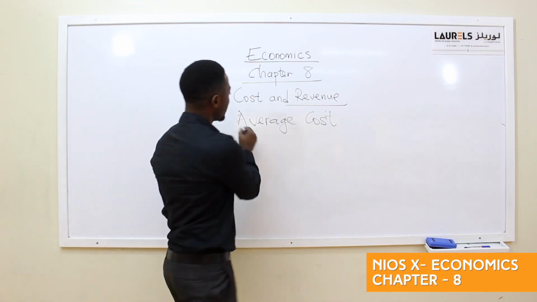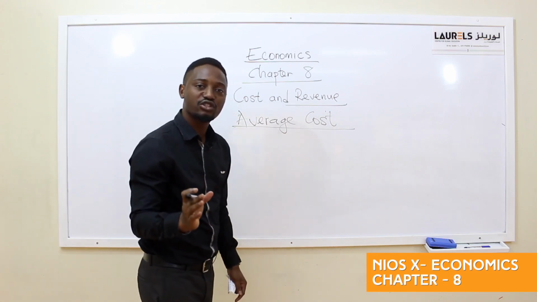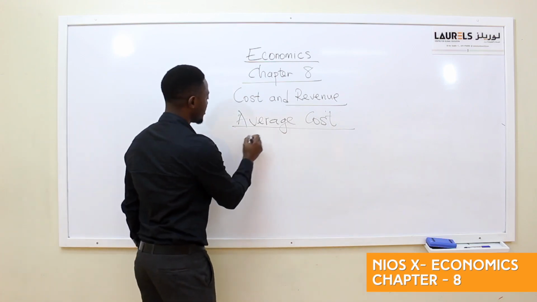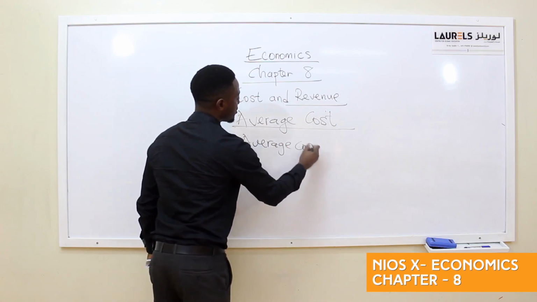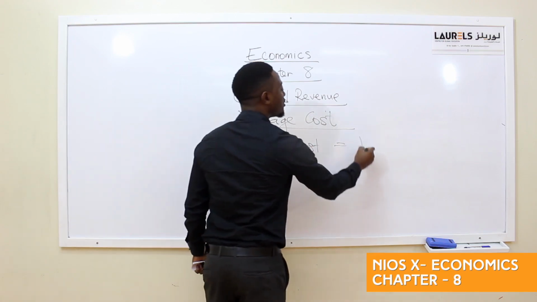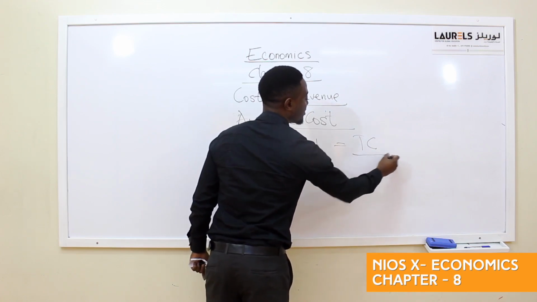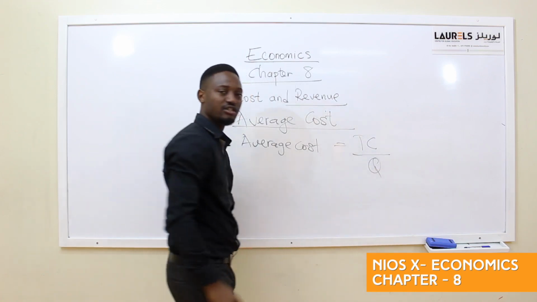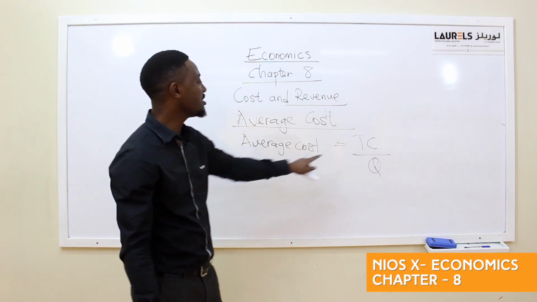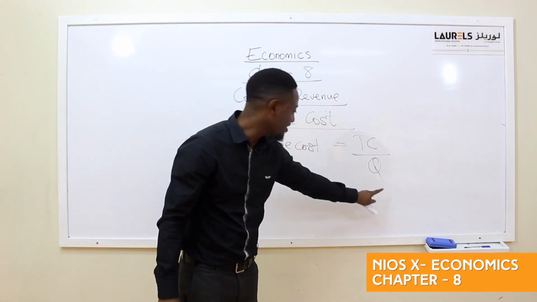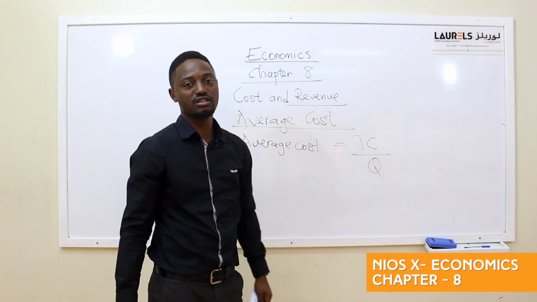So, by calculation, average cost is equal to the total cost divided by the total quantity of output that has been produced.